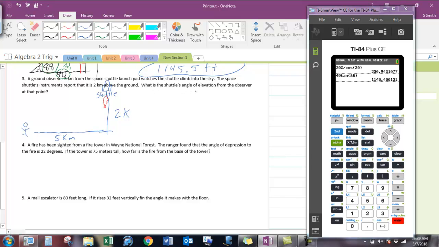It says, what is the angle of elevation from the observer at that point? So, when the shuttle is 2 kilometers in the sky, the observer looks up and says, "Hark, there's a shuttle," and they want us to find the angle that he's looking up at.